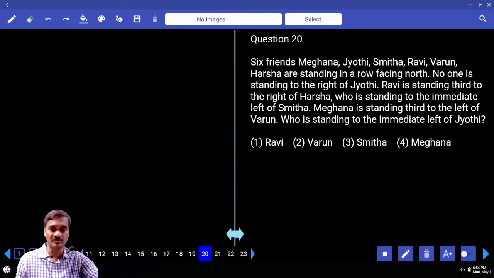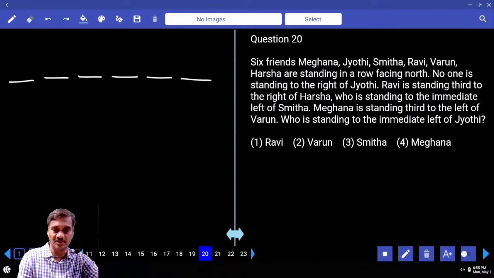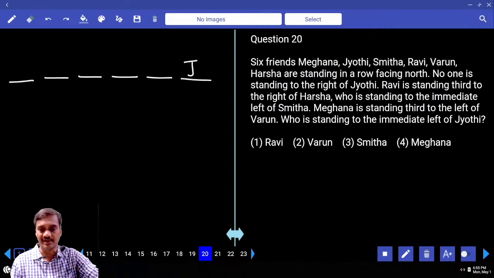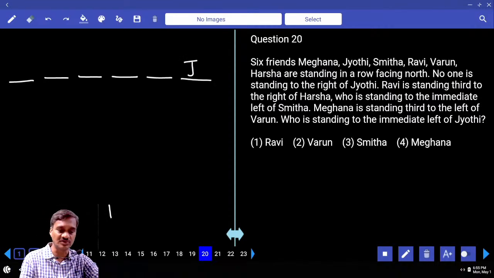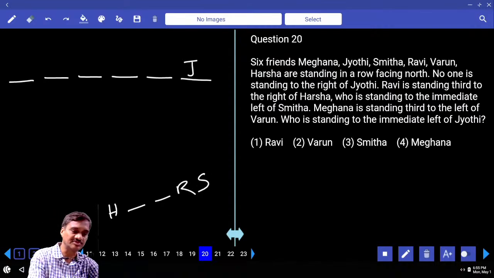Then coming to the 20th. In this one, there are 6 friends seated in a row facing towards north. No one is sitting to the right of Jyoti, so Jyoti must be at the right extreme. Ravi is standing third to the right of Harsha. Harsha is standing to the immediate left of Smita, and these 5 persons must be together.